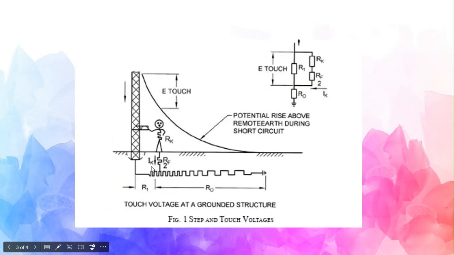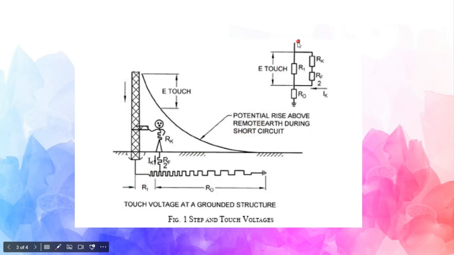Now coming to touch potential, same scenario, same case. You have just touched it because you know that it is grounded and it is not going to shock you. That's what you know as far as ground protection. But this case is different. Lightning strike and huge current flowing, so even a small resistance will create a very huge voltage difference.